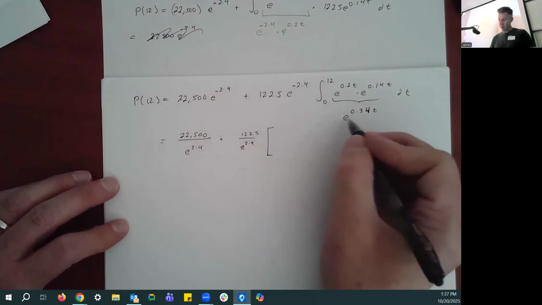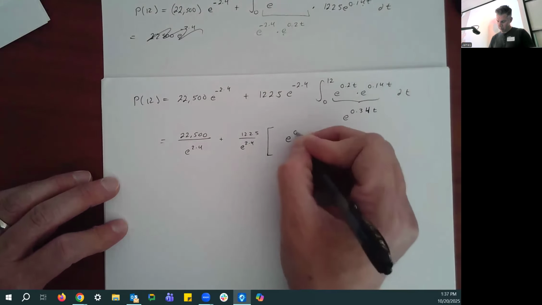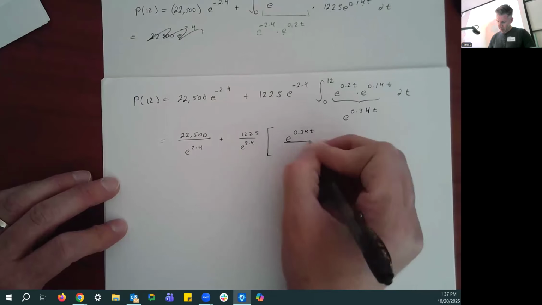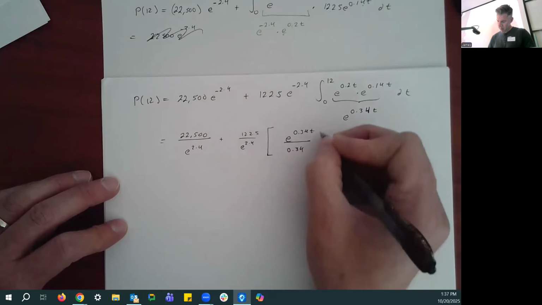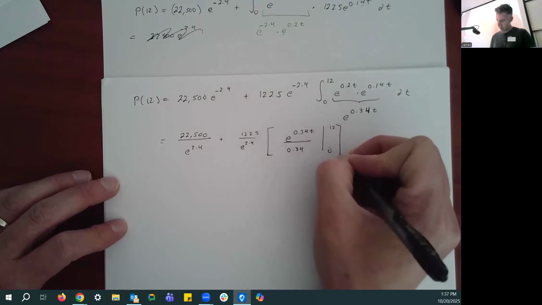The integral of e to a multiple of t is going to be e to that multiple of t divided by that multiple of t, evaluated from 0 to 12.